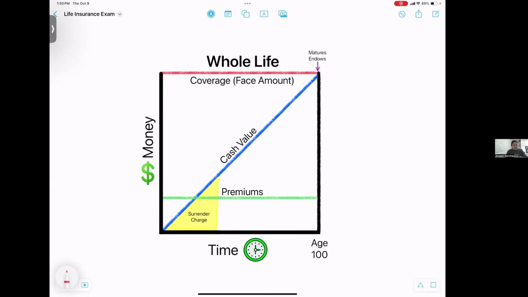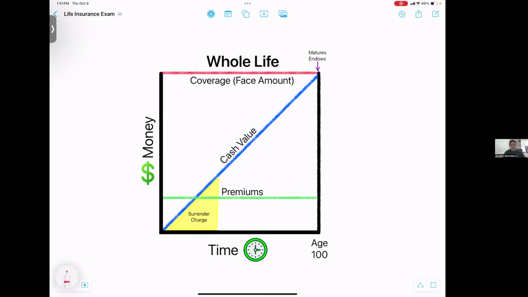Question, because I know there's three types of permanent whole life. The one I was confused on was the straight life, ordinary life, because I kept getting that one a lot on the test. Straight life is also known as whole life, so don't get it confused.